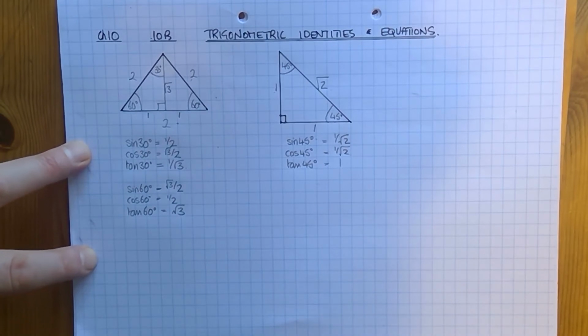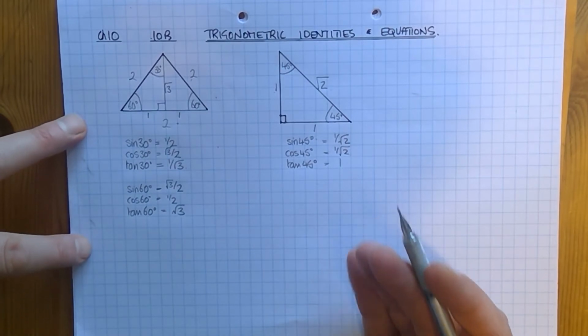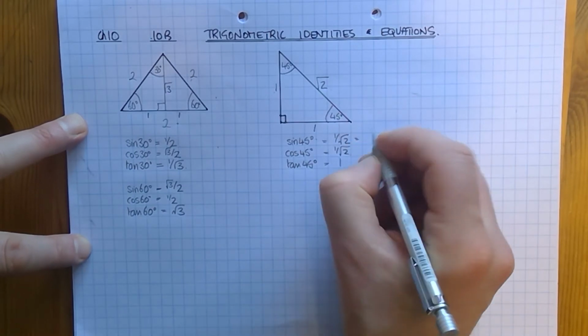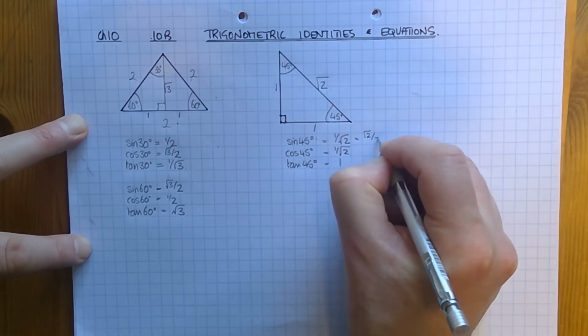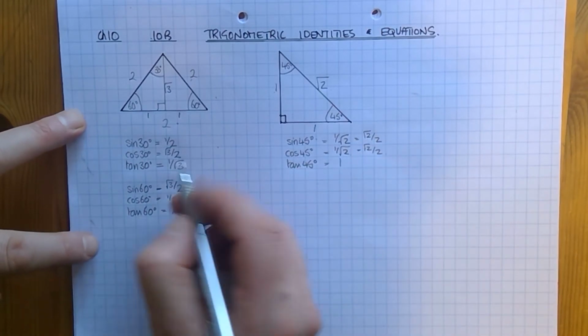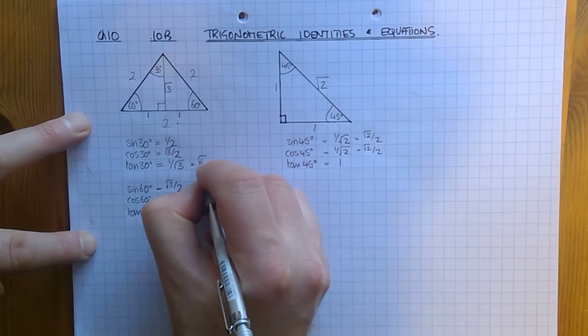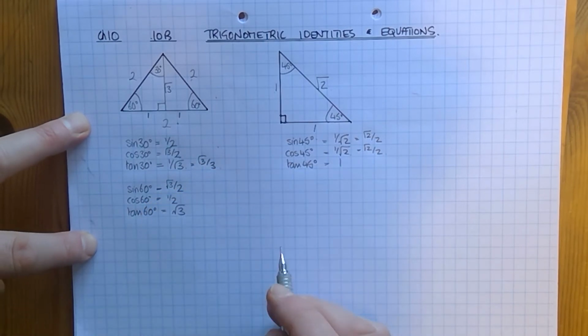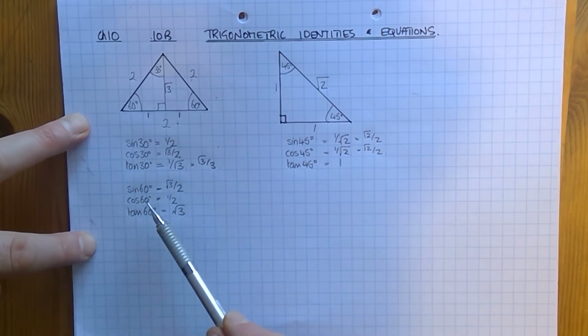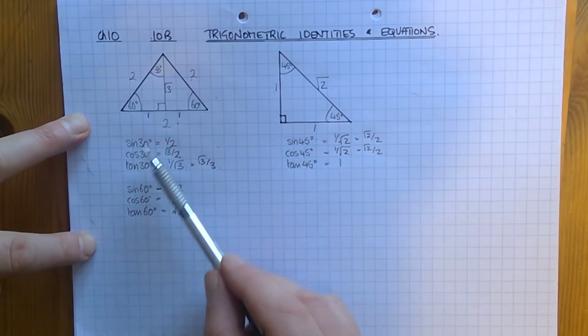You'll remember from year 11 your lessons on rationalizing the denominator. You will often see this one written as root 2 over 2, and this one you'll often see written as root 3 over 3. But those are your exact values for the sine, cos and tan of these three angles.